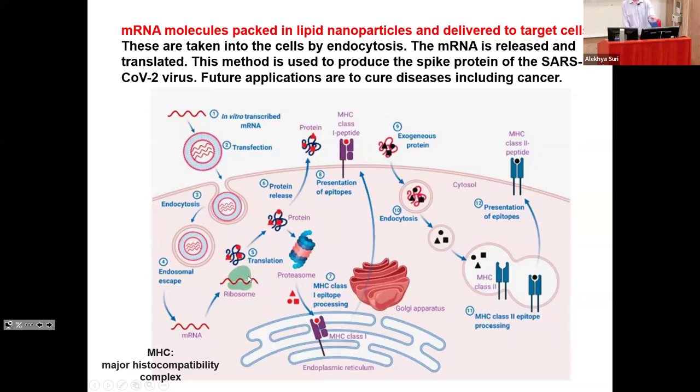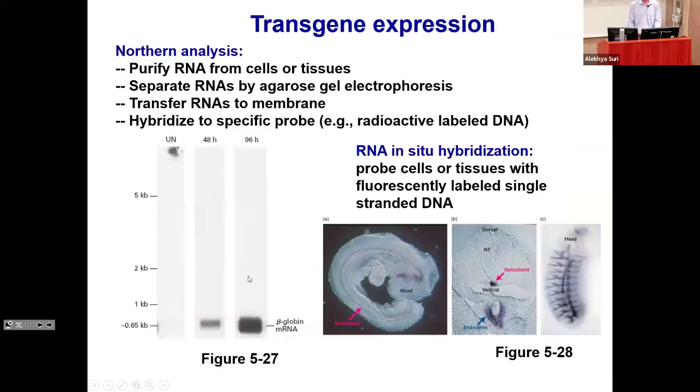So this method can also be used to infect cells with mRNA, and, for example, to help with knockout of genes, or to reduce certain gene products. It would be another way to, okay.